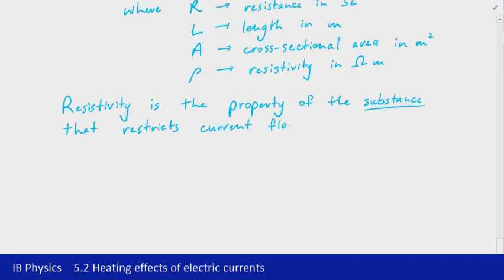And in order to calculate it, we're going to take that equation above. You'll notice I didn't highlight that equation, it's not in the data booklet. Instead, this equation is, so the resistivity is equal to RA over L. So that's just a rearrangement of that equation above, but that's the one that's in the data booklet that you need to be aware of.